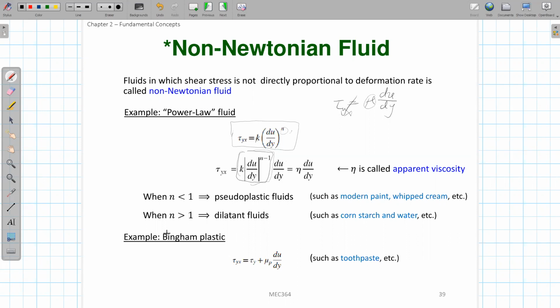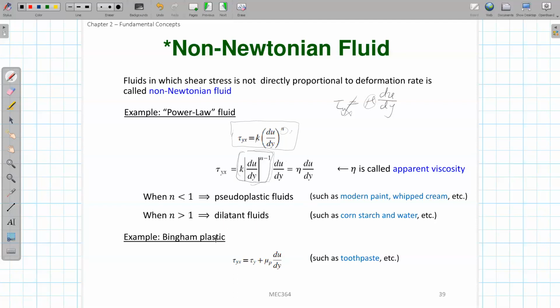Another kind of non-Newtonian fluid is called the Bingham plastic, and in this one the stress has to be calculated in this way: a term proportional to the velocity gradient, and also a constant term.